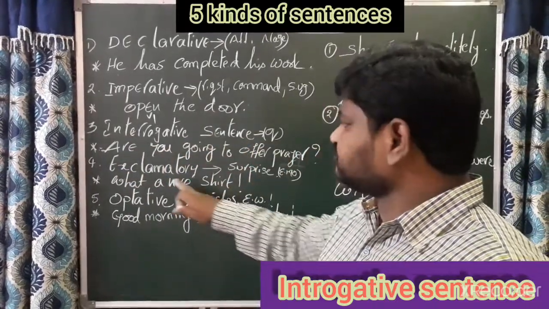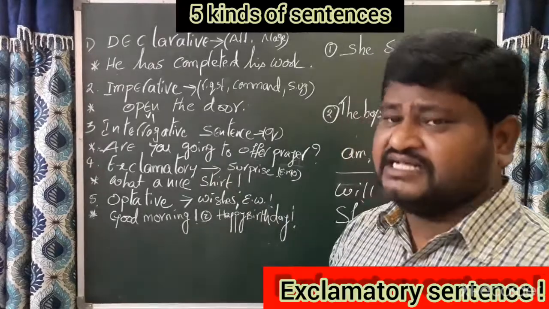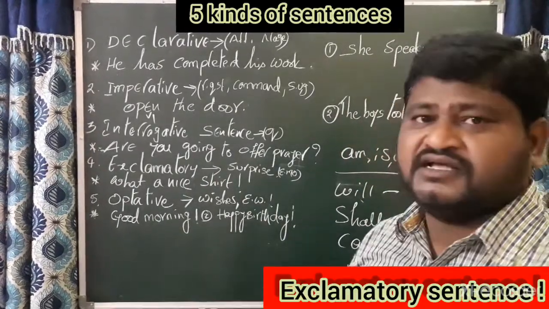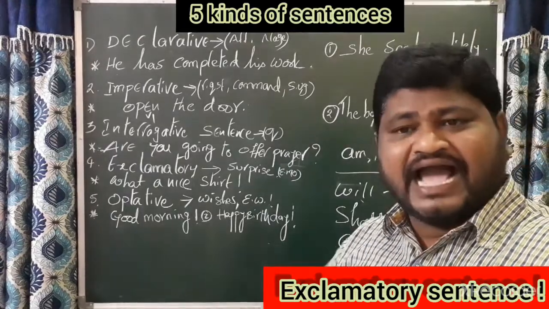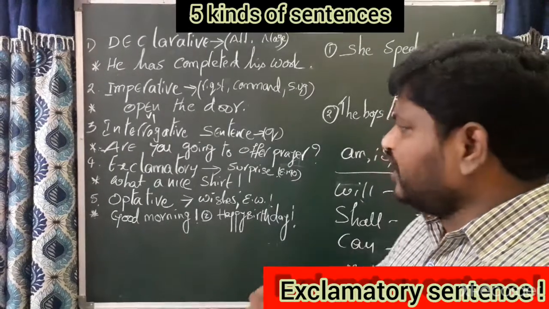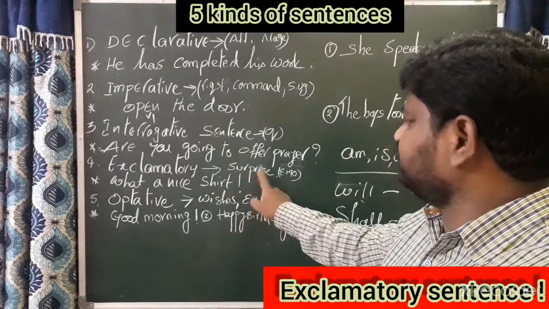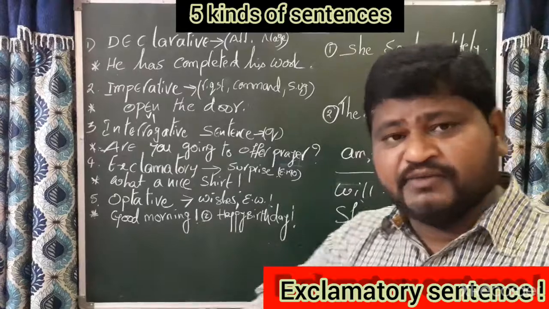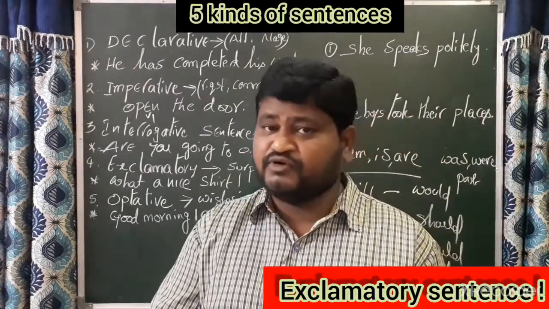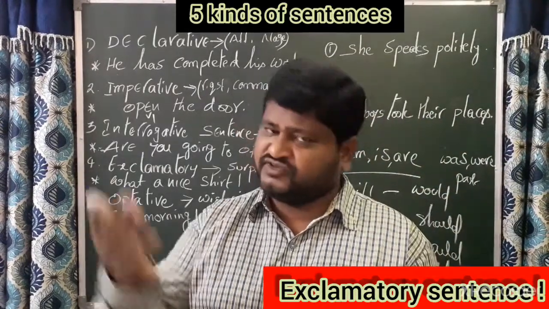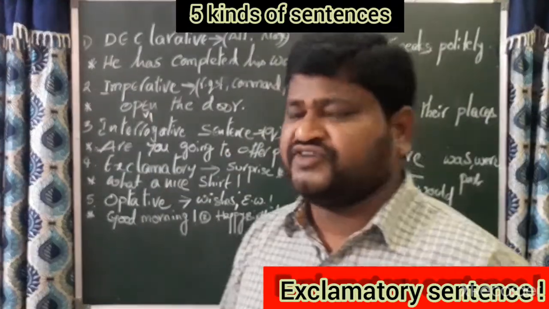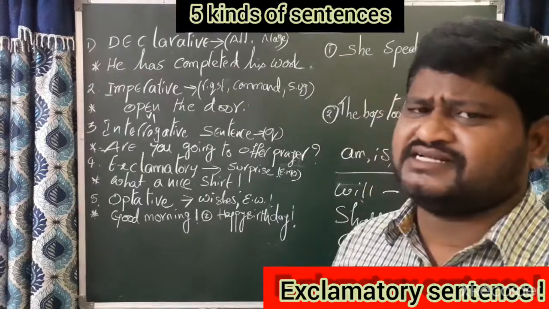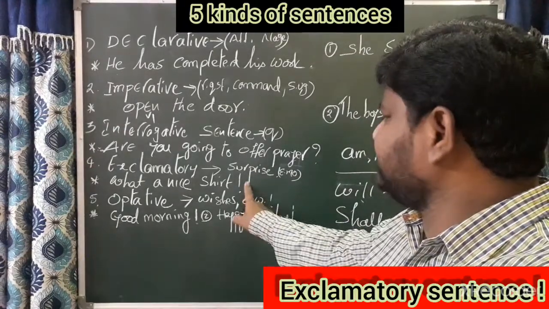And next, the exclamatory sentence. For the exclamatory sentence, we use words of surprise, emotions and anger. If you want to express surprise or anger or emotions, sometimes with some other persons, that is the time we use the exclamatory sentence, with the exclamation mark.